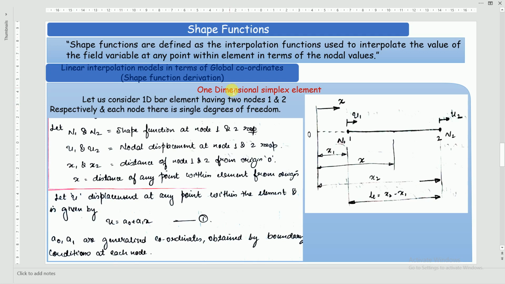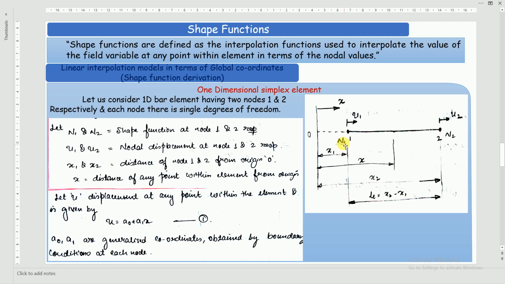If in the exam they ask you to derive the shape functions for a 1D element in terms of global coordinates, you have to derive the same. They may or may not mention simplex element. If they mention a 1D element in terms of global coordinates, you have to do this same derivation. So take down the heading, and take down this figure, wherein a 1D element is shown with nodes 1 and 2.